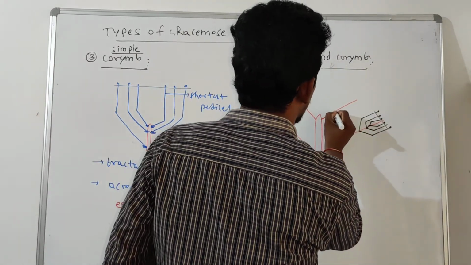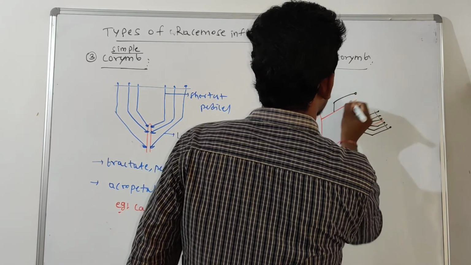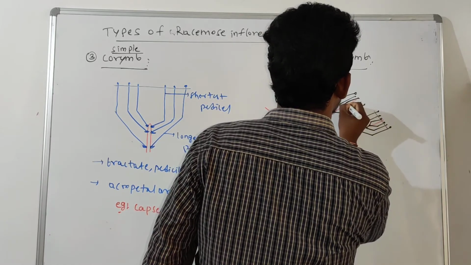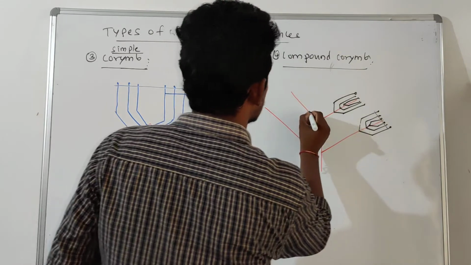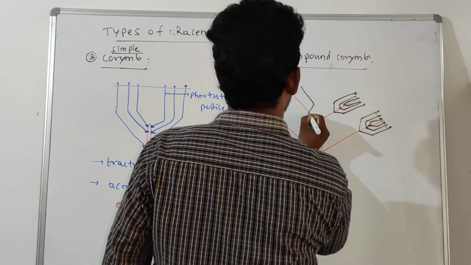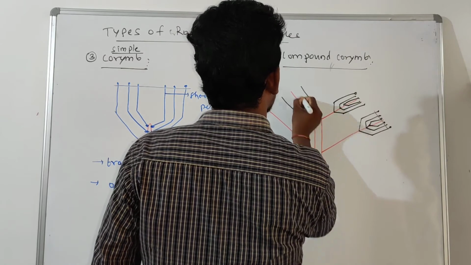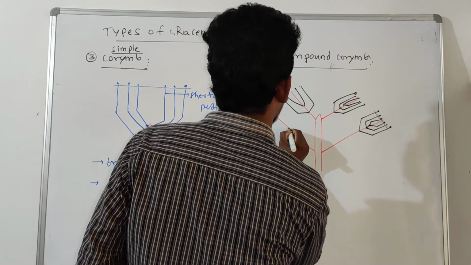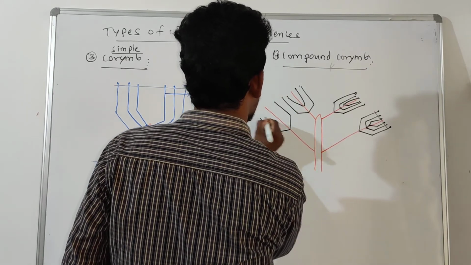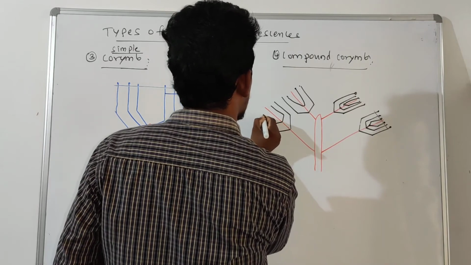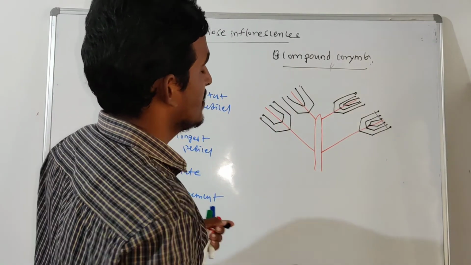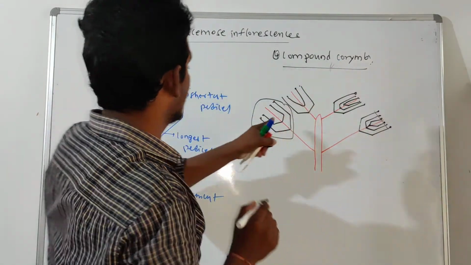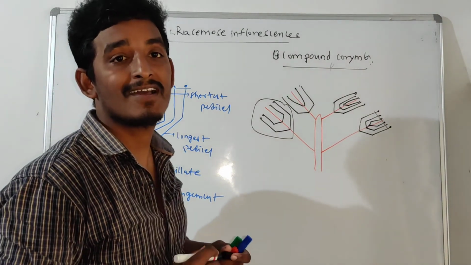So here also it is a branch, the flowers originate at different positions, ultimately they reach the same height. This type of inflorescence we call a compound corymb. Right? See, if you separate this one, this single branch in compound corymb is similar to a simple corymb inflorescence.